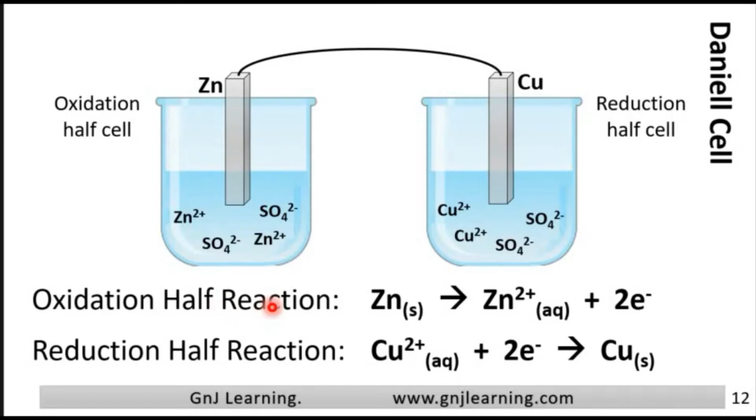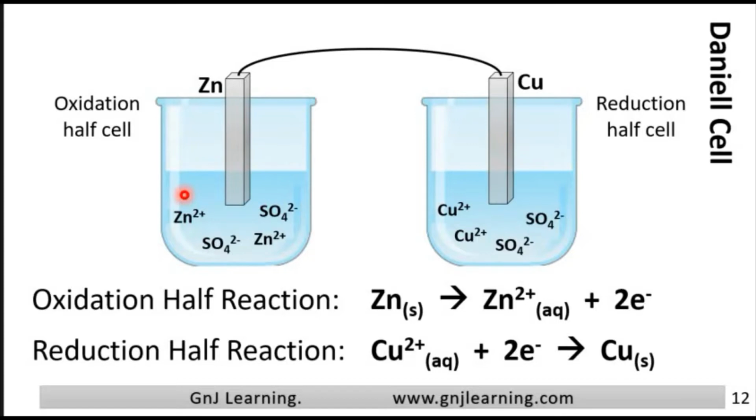So during oxidation zinc loses 2 electrons and zinc 2+ will enter into the solution. So you can see by oxidation zinc 2+ has entered into the solution.